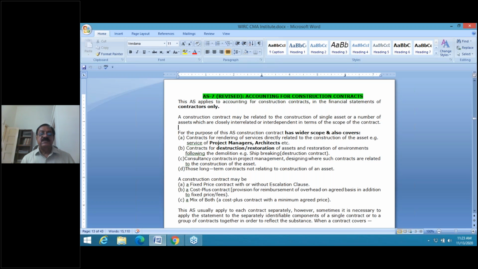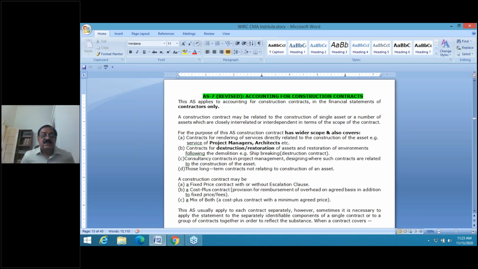For the purpose of this standard, a construction contract has a wider scope. So it goes beyond construction of just a building. What is included here? Contracts for rendering of services directly related to the construction of the asset, like the services of project managers and architects.